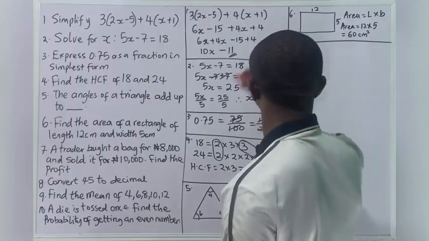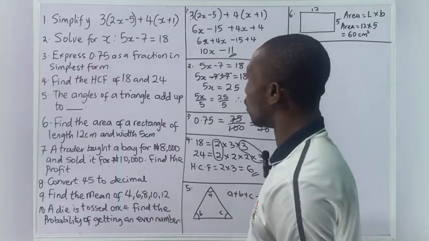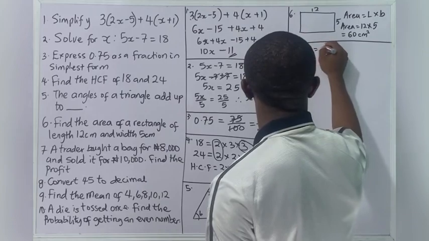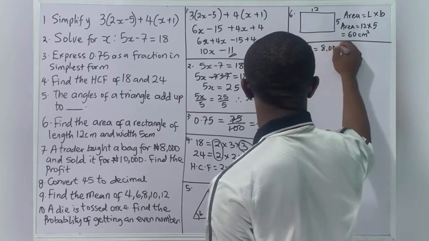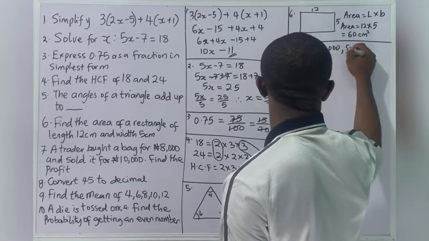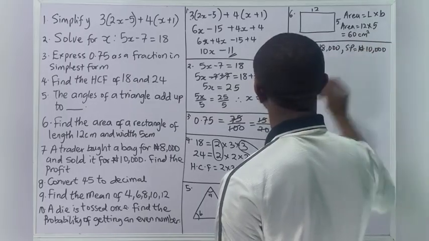Okay, so to question 7, it says a trader bought a bag for 8,000 naira, that is cost price equals 8,000 naira, and sold it, selling price equals 10,000 naira.